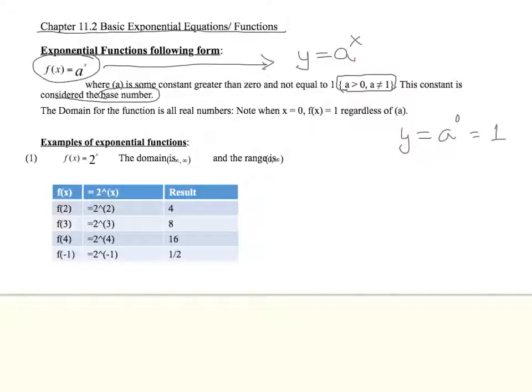So here's an example of an exponential function. We have f of x is equal to 2 raised to the x power. The domain, you can't really see it, but it's all real numbers.